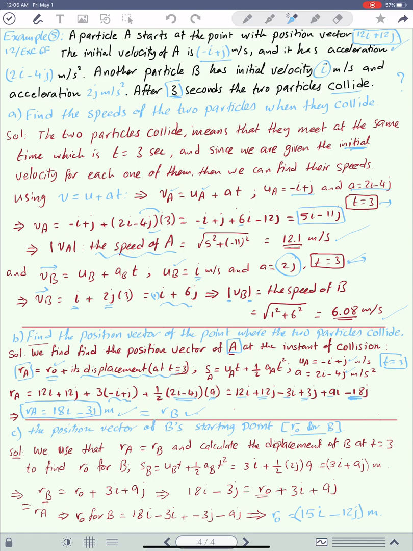As I told you, we use the fact that RA is equal to RB because they collide, and we calculate the displacement for particle B after 3 seconds.